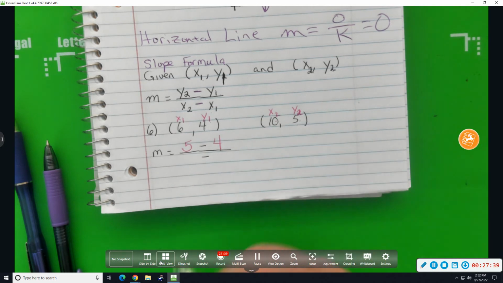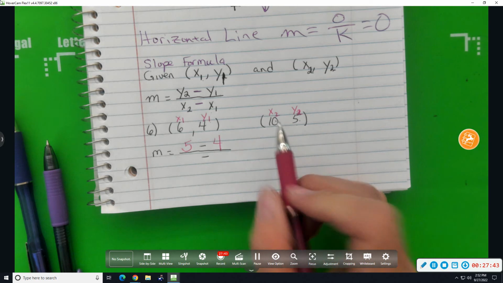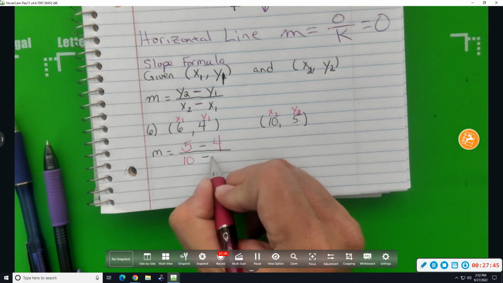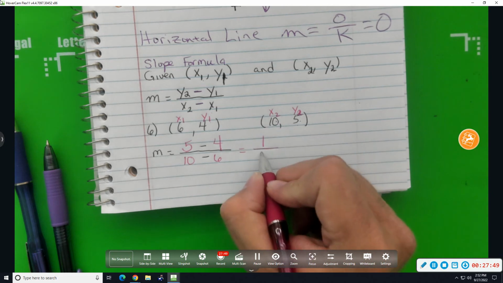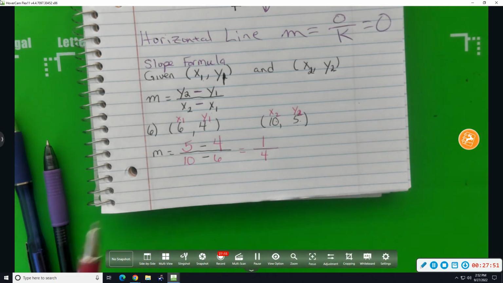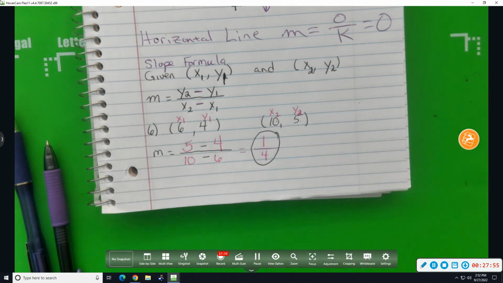So that's just 1, 1 on top. What about on the bottom? It's 10 minus 6, so it's 4. So we have a 1 on top and a 4 on the bottom. So if you move over one x value, the y value is going up by just 1/4.